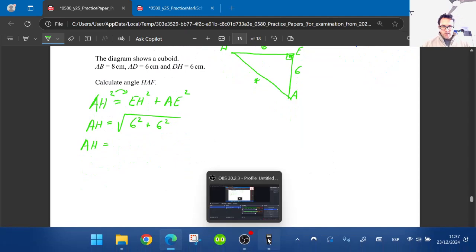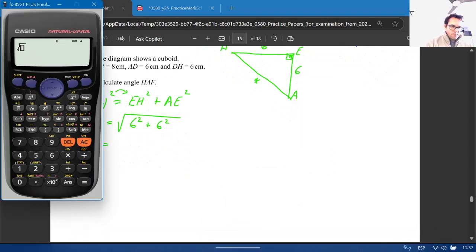So we can put that in the calculator if we want. And my calculator gives the answer as a surd. 8.485281374 is a lot to write down, so you're inclined to round it, but if you round it too much, your answer is not really accurate enough. So it's better to write it in surd form.